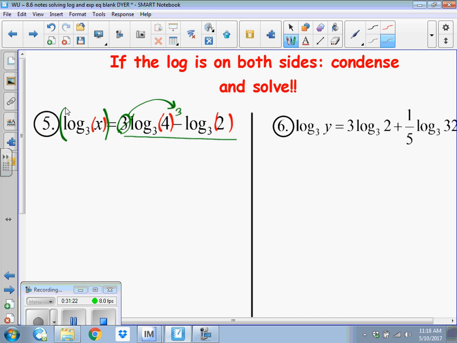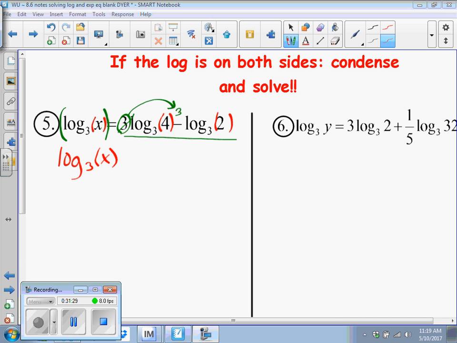Now I'm going to write every step. Okay, so that equals log base 3 of, let me condense this. So that's 4 to the third power, and then what? What do I do with the 2?